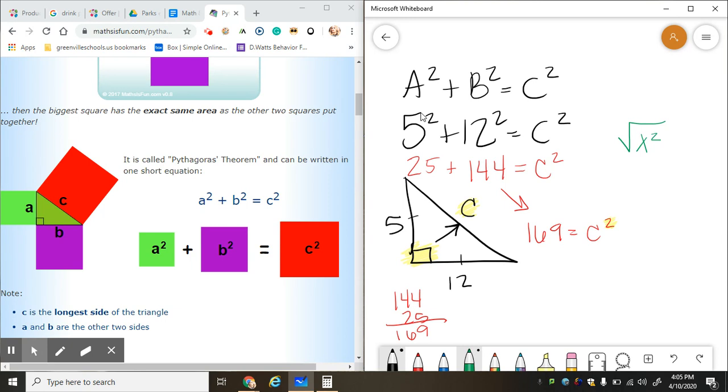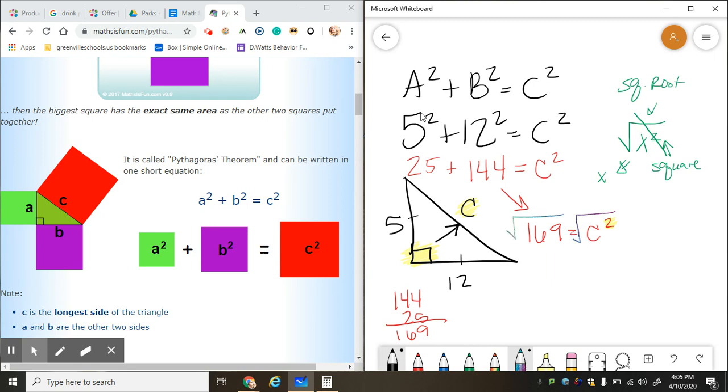The square root will cancel out the square, so those cancel each other out and it becomes just an x.